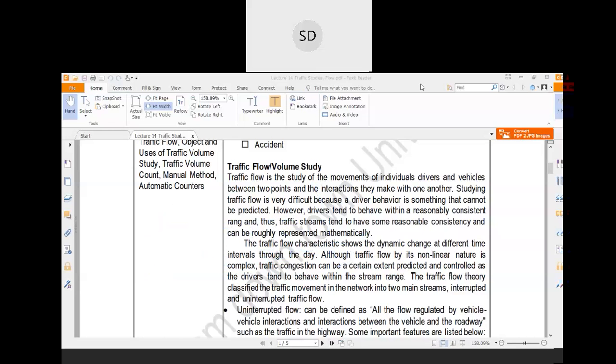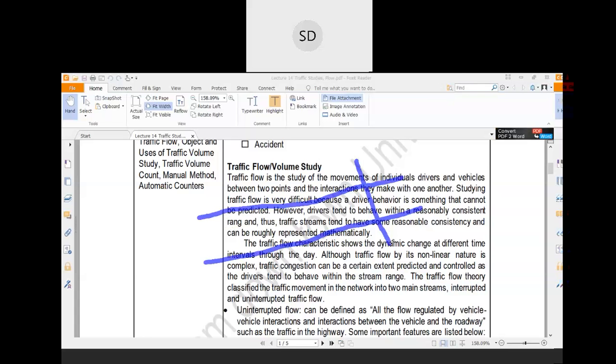If you want to define traffic flow, then traffic flow is defined as the number of vehicles which pass through a particular section or cross section of a road in unit time. Suppose this is the road section and this is that particular cross section of the road.